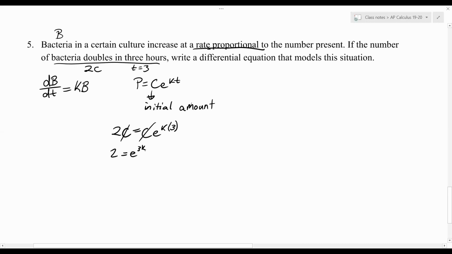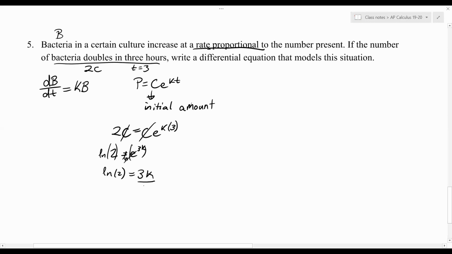Well, now I only have one variable. I can solve for this k. To solve for this k, what do I need to do? I need to take the inverse of e, which is natural log. So I take the natural log of both sides. I get ln of 2 equals, natural log and e cancel, 3k.